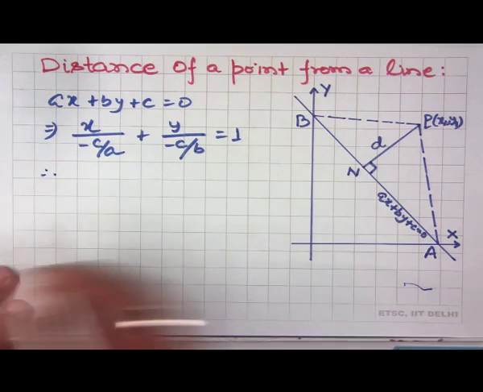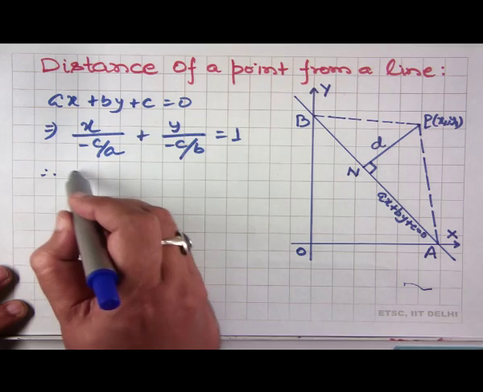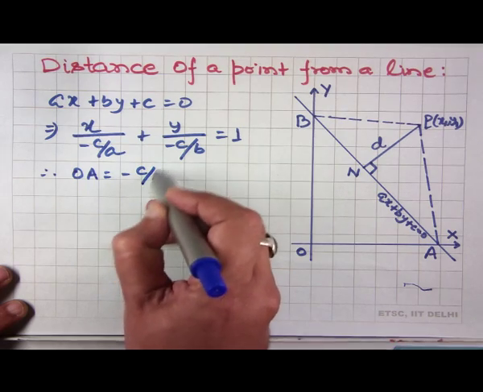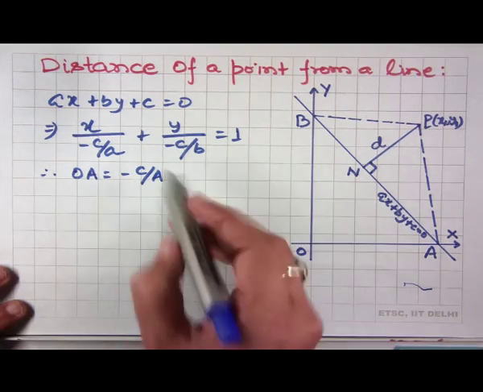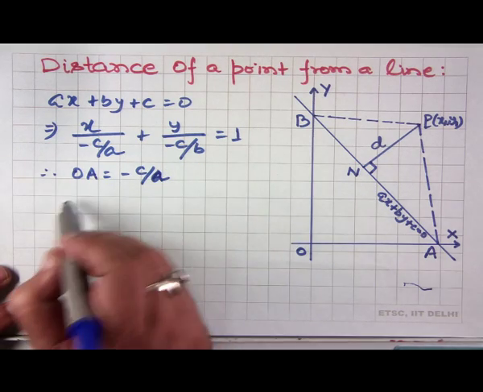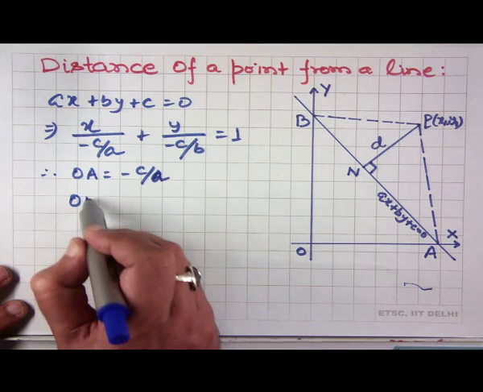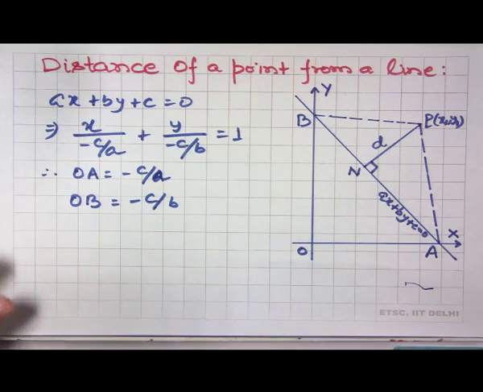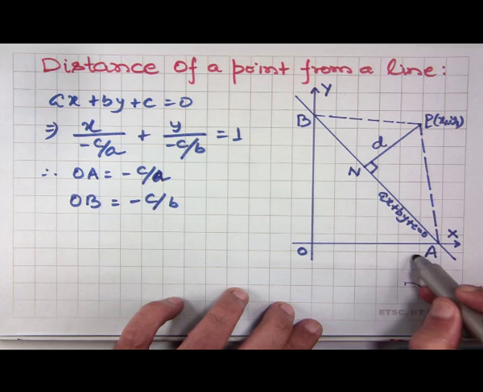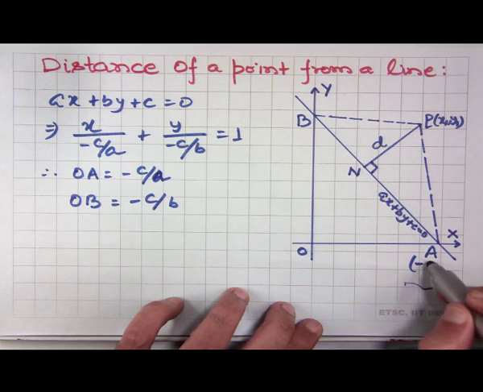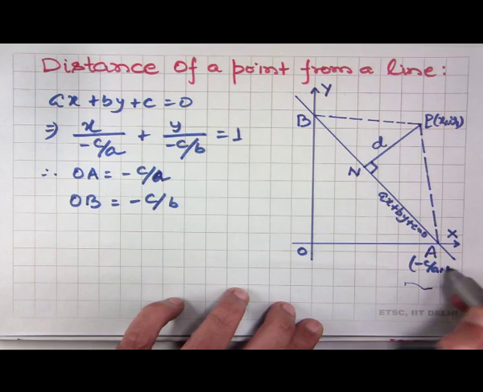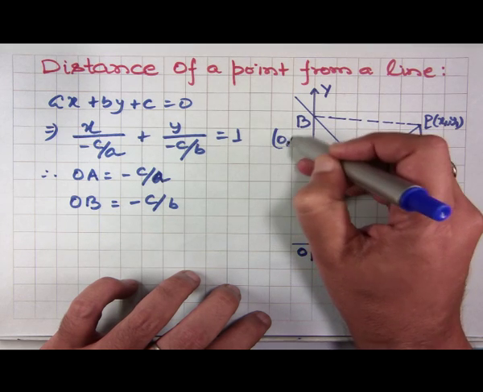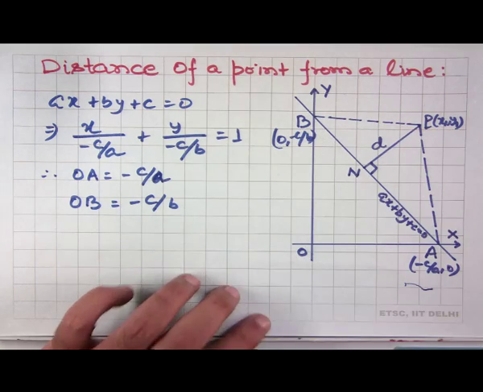So OA equal to minus c by a, the x-intercept, and the y-intercept OB is equal to minus c by b. So the coordinates of point A are (minus c by a, 0), and the coordinates of point B are (0, minus c by b).